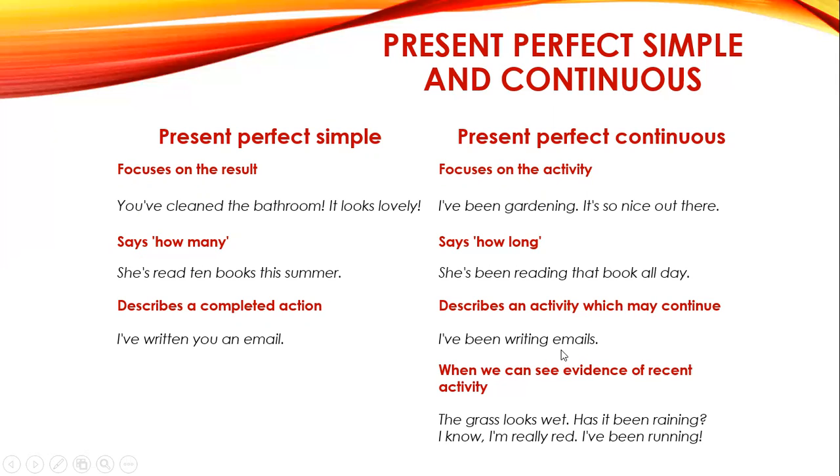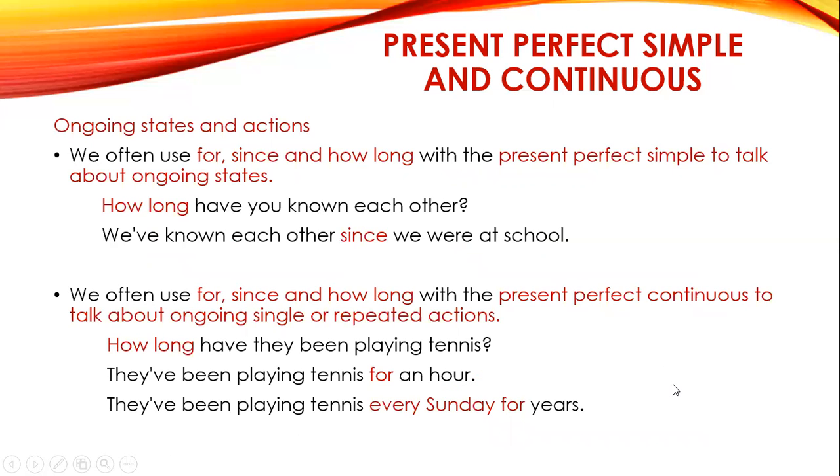I've been writing emails. So the idea is that you will continue writing them, okay? Or when we can see evidence of recent activity. For example, when I say the grass looks wet, has it been raining? Or I know, I'm really red. I've been running, okay?